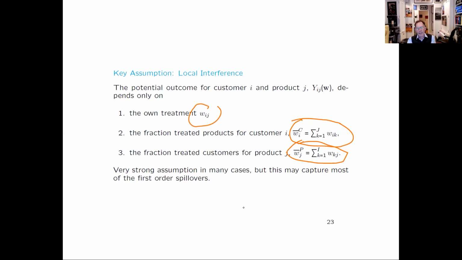Here we are limiting things, which allows us to get some exact results for these cases, and more substantively, we make the case in the paper that the first order spillovers would typically come through the fraction treated products for a customer and the fraction treated customers for a product.